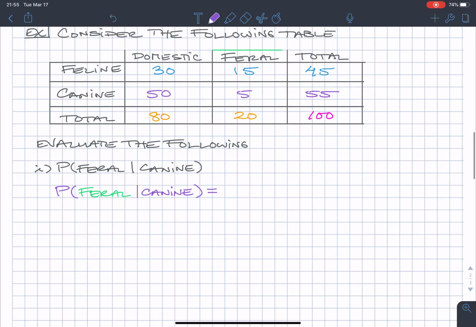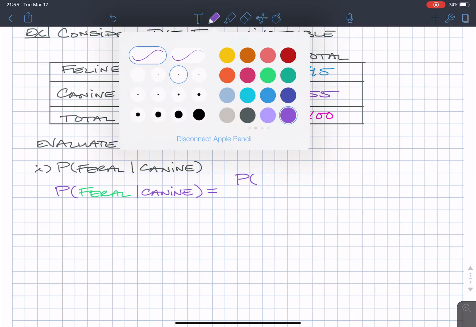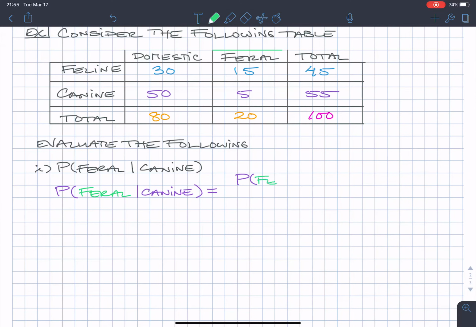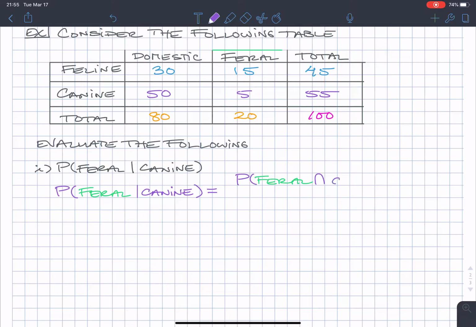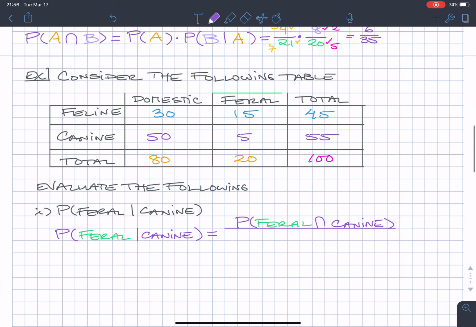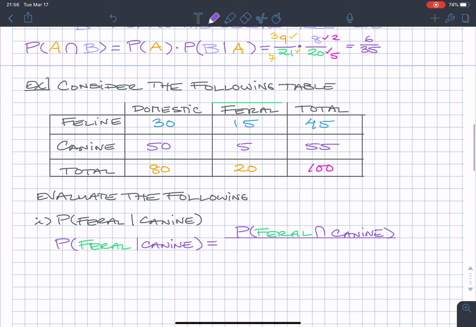So I claim that this is the probability of being feral and canine, divided by the probability of canine, right?